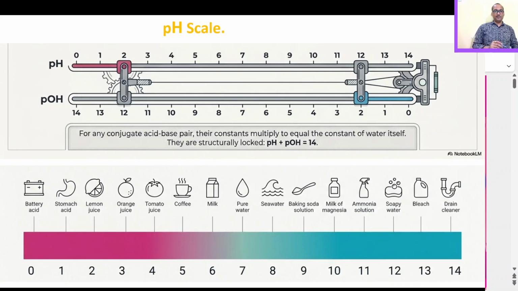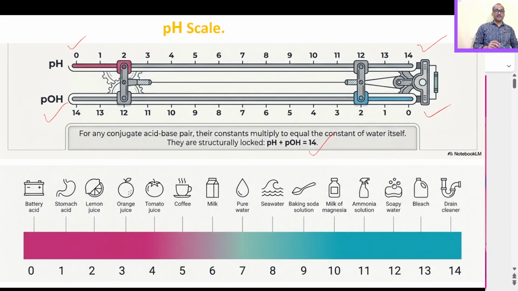Similarly, we have pOH, which is minus log of OH minus ion concentration, base 10. So the pH scale starts from 0 to 14, and the pOH scale starts from 14 to 0. And for a conjugate acid base pair, pH plus pOH is found to be 14.